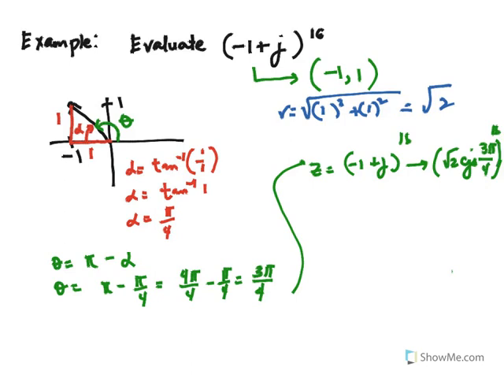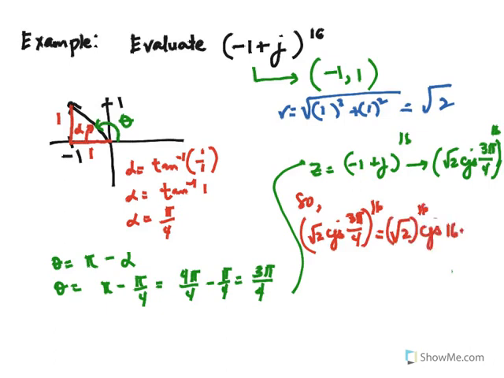Now, using De Moivre's theorem, you will now have the square root of 2 cis 3 pi over 4 raised to 16 as equal to the square root of 2 raised to 16 cis 16 times 3 pi over 4. Right?